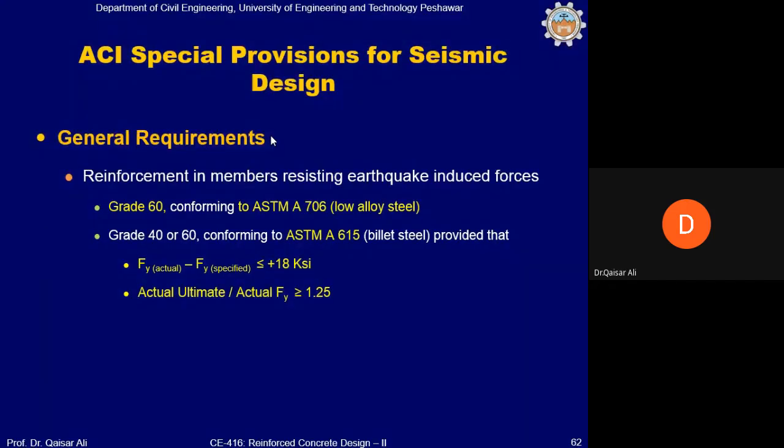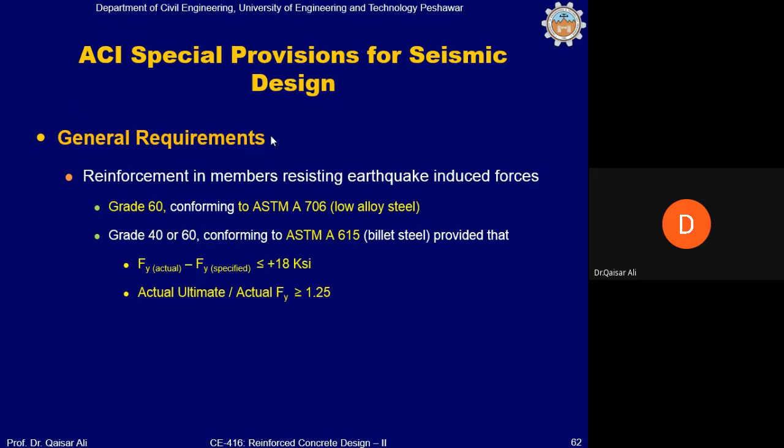The other provision is the ratio of actual ultimate to actual yield. You bring a sample to the lab to test it, to calculate the actual ultimate strength and the actual yield strength, and the ratio of the actual ultimate to actual yield shall be more than or equal to 1.25.